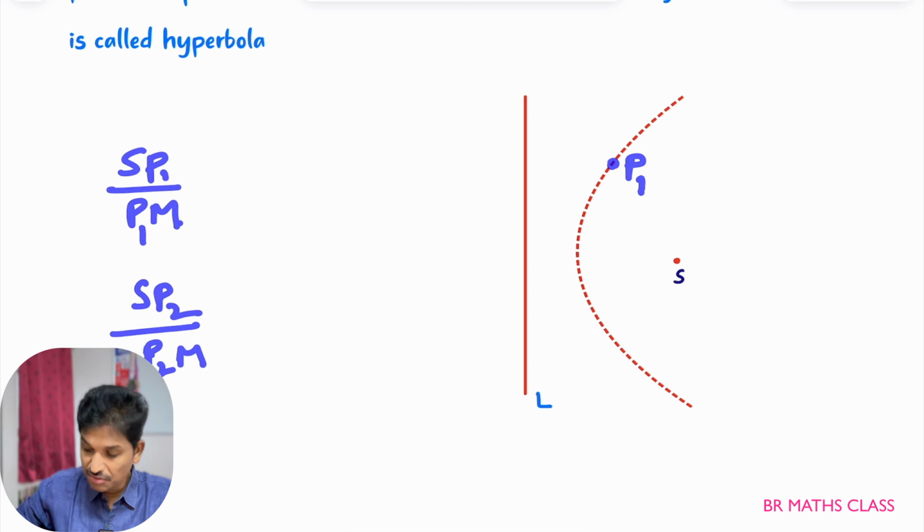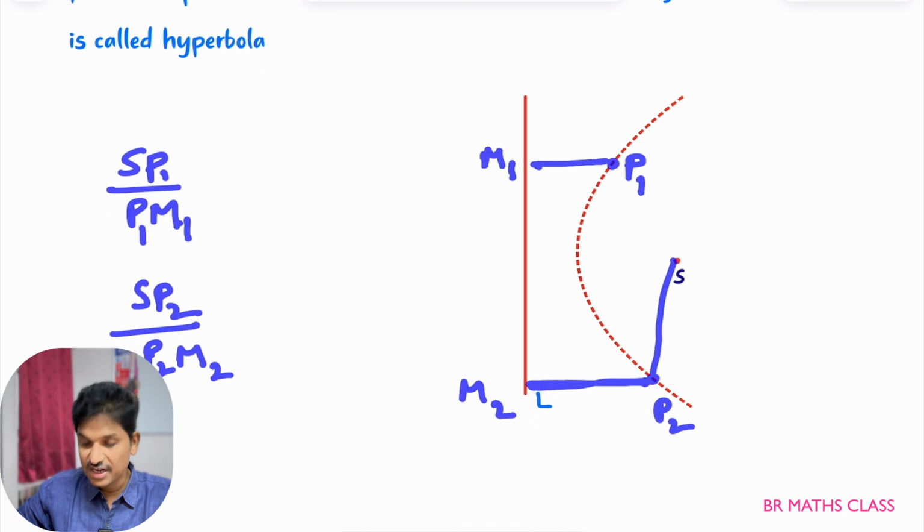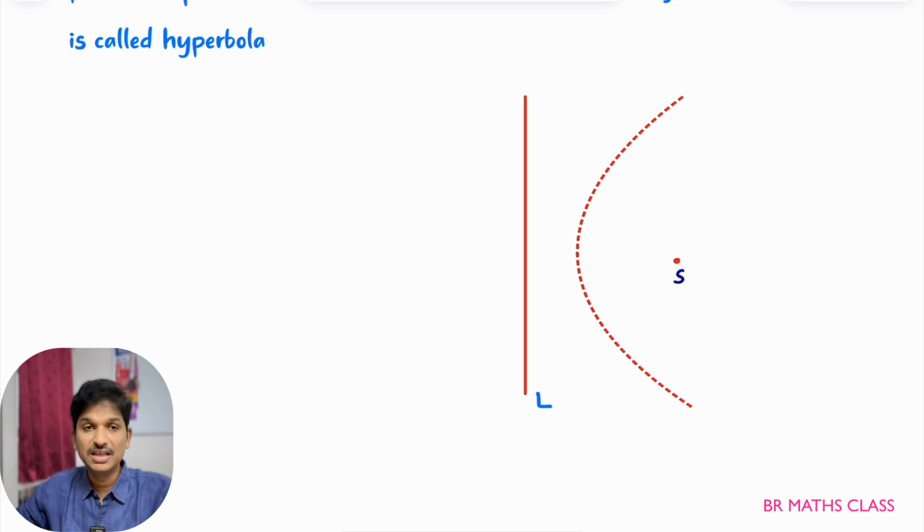Suppose this is point P1 and this is point P2. The ratio of these distances is constant. Suppose this ratio is 2. This ratio is also 2. And that constant ratio must be greater than 1. You need to consider points like that.